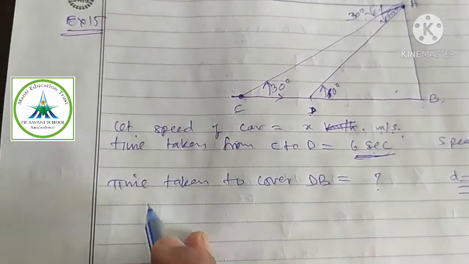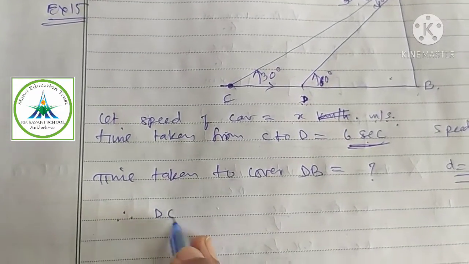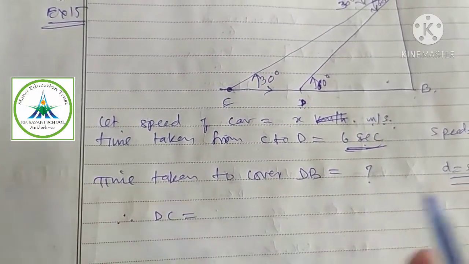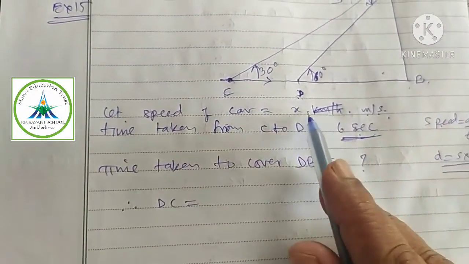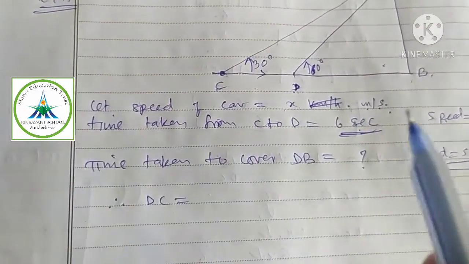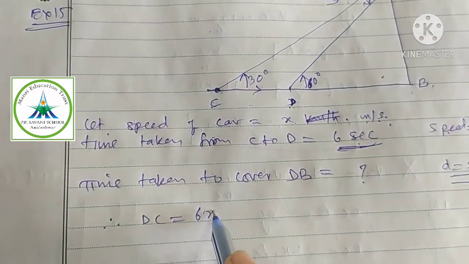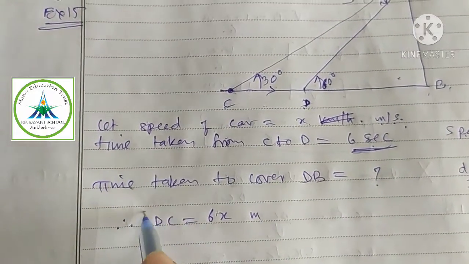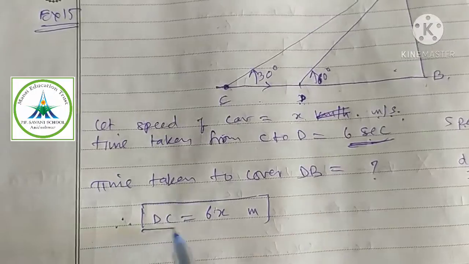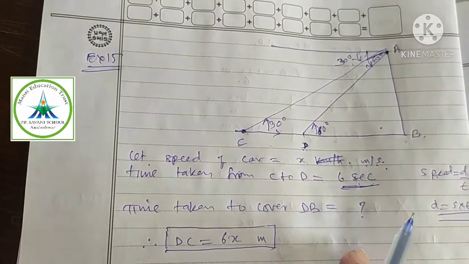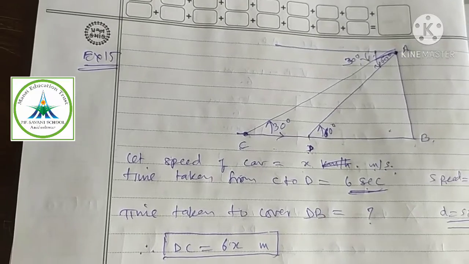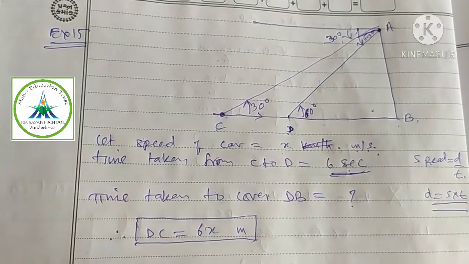So therefore, DC equals, you can write, distance is DC, speed is x, time is 6. So this is 6x meters. Clear? Okay, fine. Now see students, all of you, I hope up to this you understood.